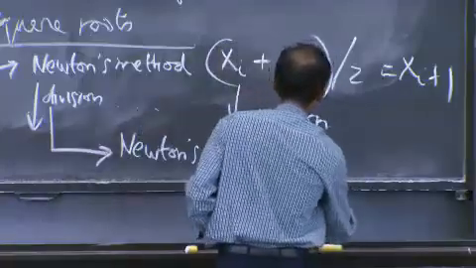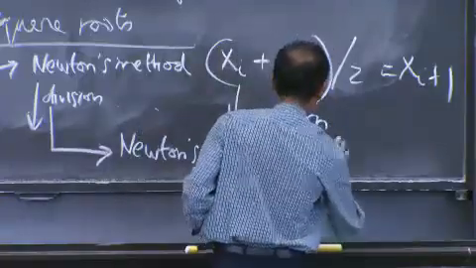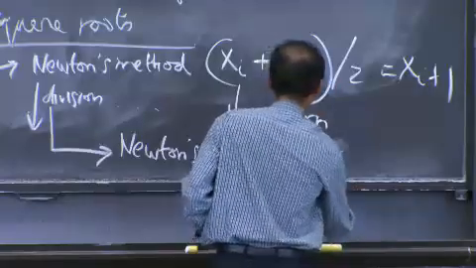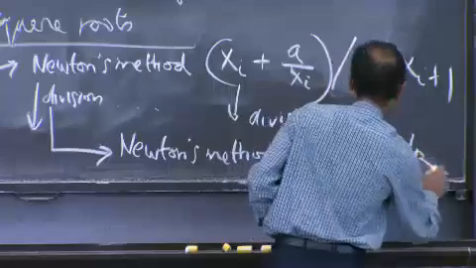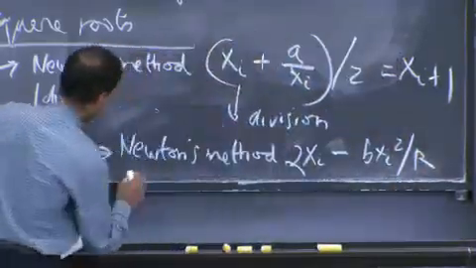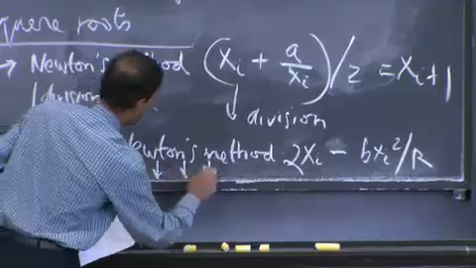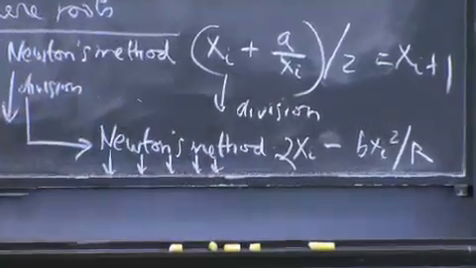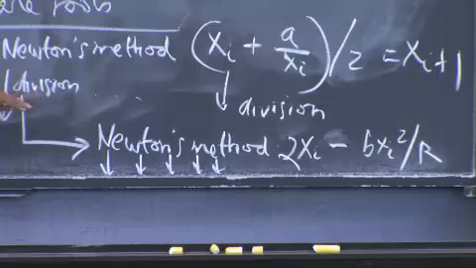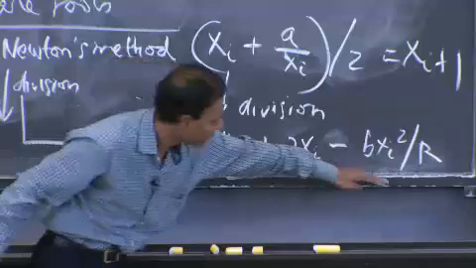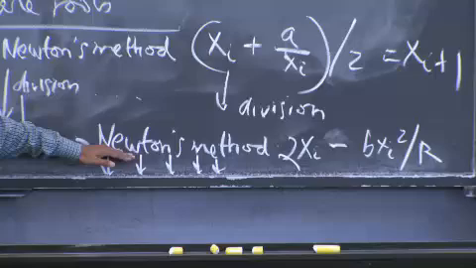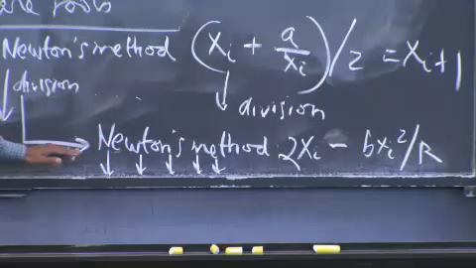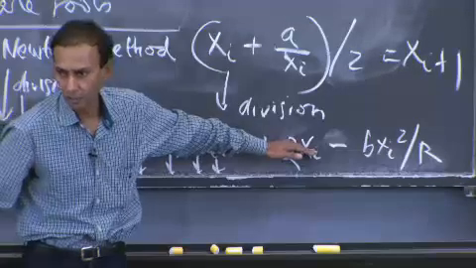That is something like 2x_i minus b x_i squared divided by r, and that's going to be a bunch of multiplications. And what we argued up until this point was that the complexity of the division, even though we had a logarithmic number of iterations, was the same as the complexity of the multiplication because the numbers started out small and grew big.